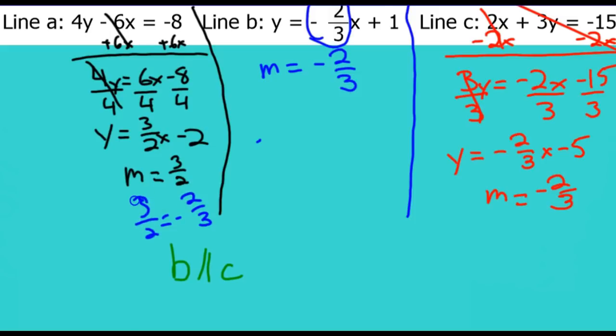So line A is perpendicular to both B and C. So line A is perpendicular to B, and line A is perpendicular to C.